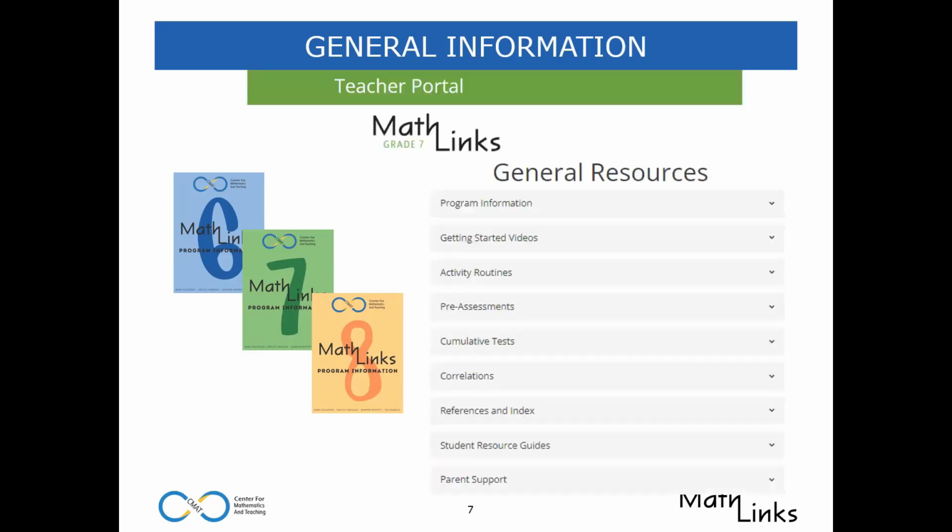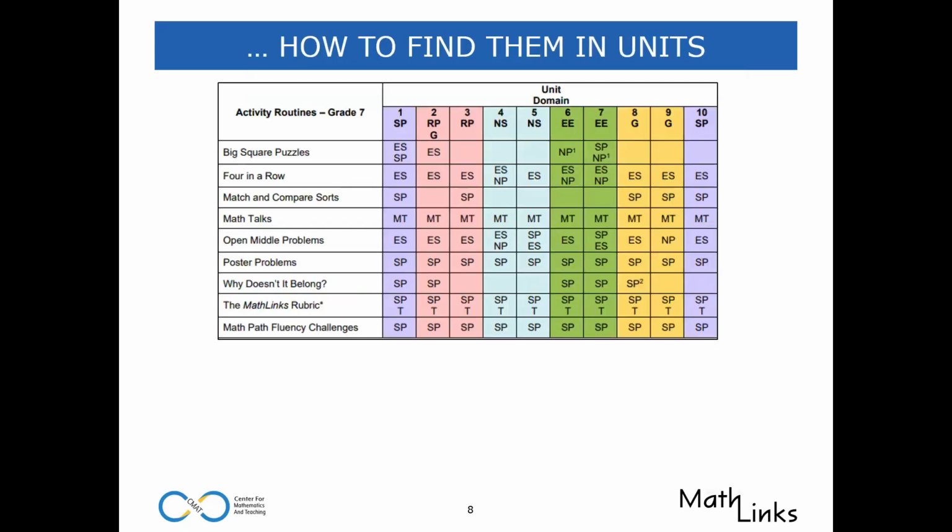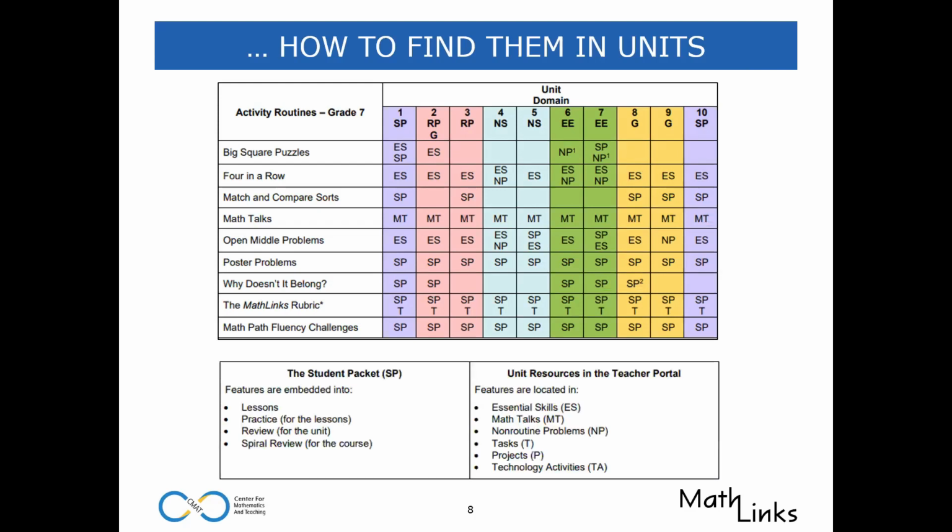The other is in the teacher portal under program information on the general resources side. In both locations, look for features to engage students. That's where you'll find this chart that points to exactly where they are. The legend tells you that SP is student packet, ES is essential skills, NP is non-routine problems, and so on.